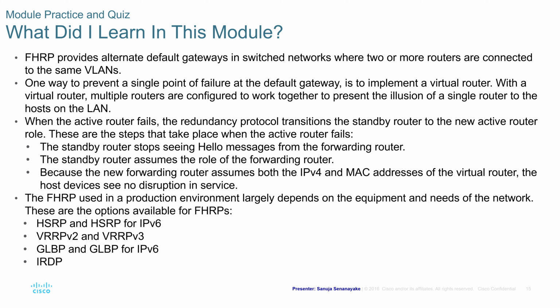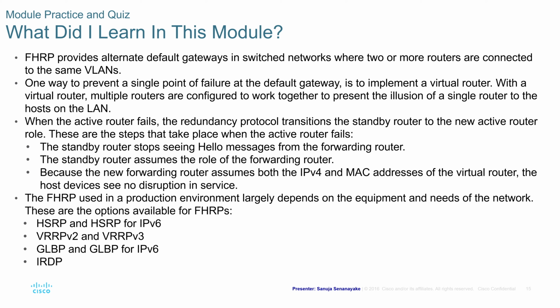Because the new forwarding router assumes both the IPv4 and MAC address of the virtual router, the host devices see no disruption in the service, because they only see the virtual IPv4 and MAC address information. So all of these things happen inside the FHRP process, and the end devices don't see a difference.